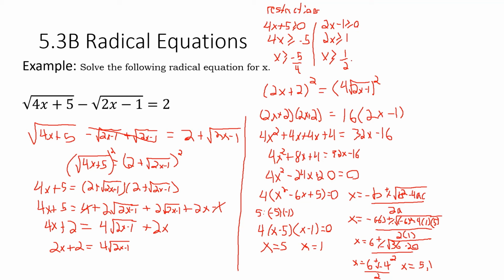So if x has to be greater than 1/2, and x has to be greater than negative 5/4, x has to be greater than or equal to the 1/2. Because if it was some term in between these, it would satisfy this value, but not this one, and we would have a negative square root. So x must be greater than or equal to 1/2.